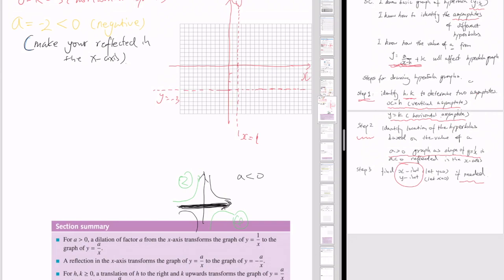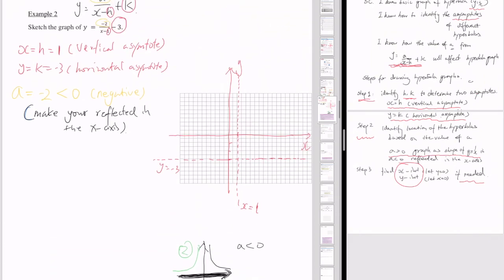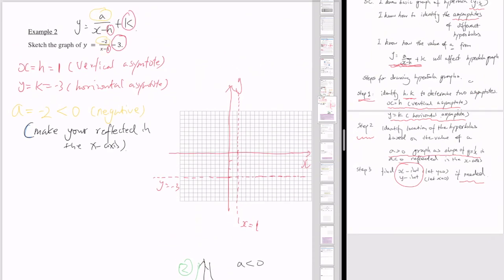In the same way, coming back to the question, since you have a value of a equal to negative 2, it's smaller than 0, so it will reflect your graph in the x-axis, and then it will be on the second and fourth quadrant. So roughly it will look like this, in green, in the second and fourth quadrant.